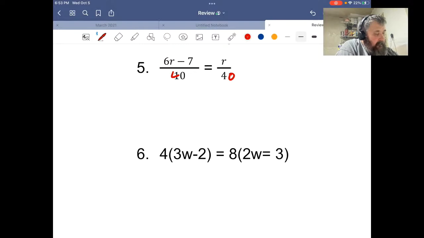So I multiply that by 10. So that's 10R. Multiply that by 4 is 24R minus 28. Okay, and we still good? Okay, so we're going to work this problem. 24R minus 28 equals 10R, and both these are over 40. The way you get rid of this is you would multiply each side by 40.